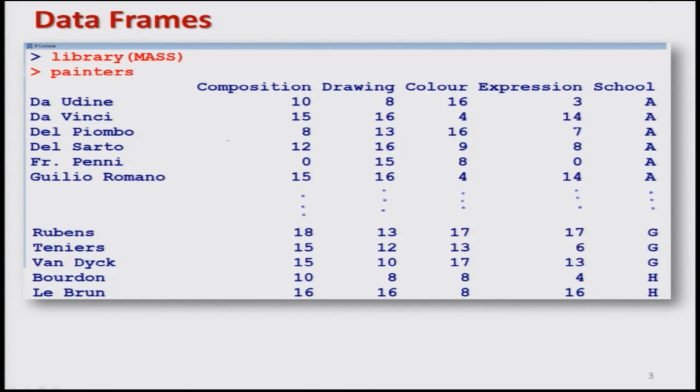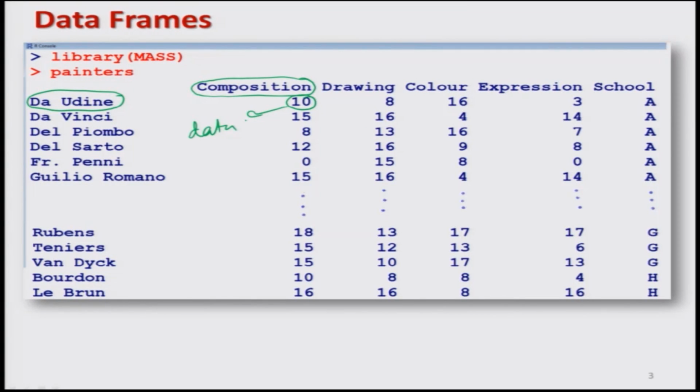We have a painter, Da Urain, whose name is on the first row, and suppose I want the information on the composition. That means I want to extract this value.